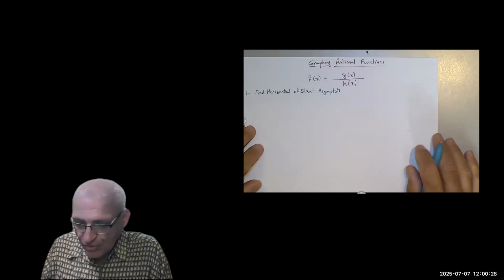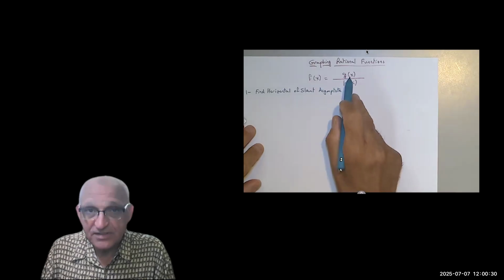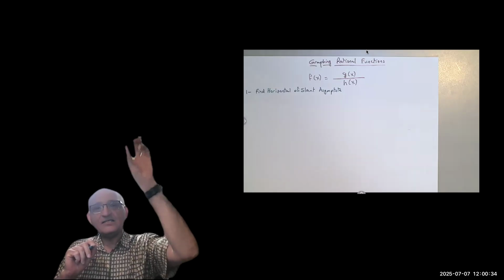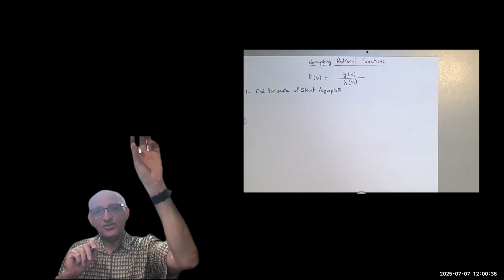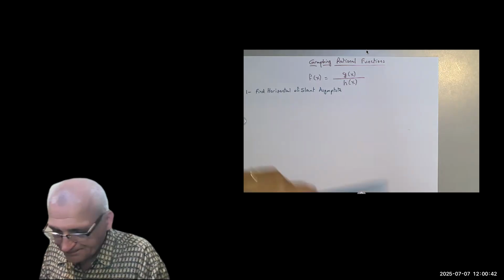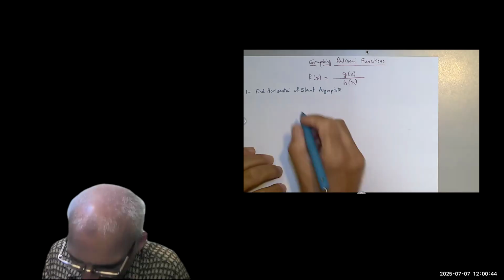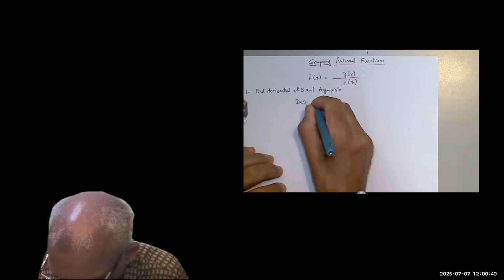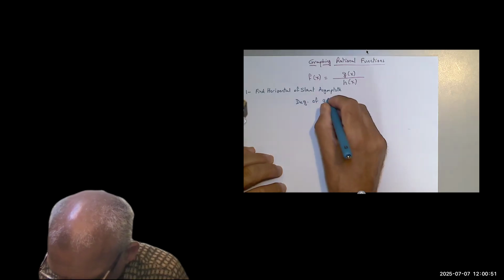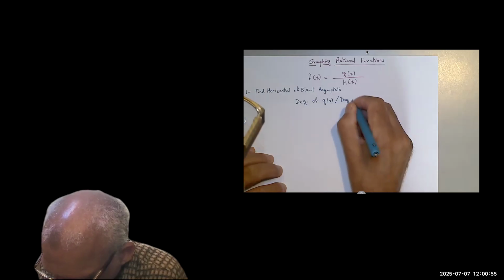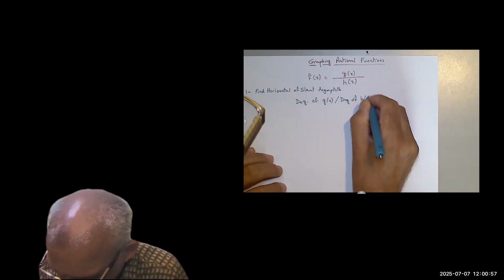So we are going to look at the degree of the numerator, degree of g of x. Remember we said what the degree is? The degree is the highest power of x in the numerator, and the degree of h would be the highest power of x in the denominator. So we are going to compare the degree of g of x over the degree of h of x.